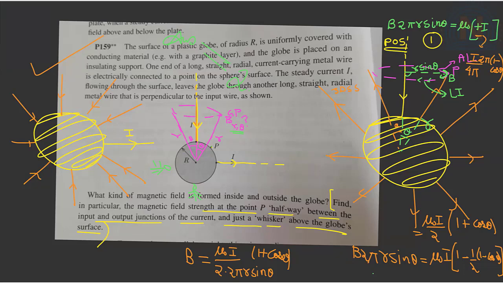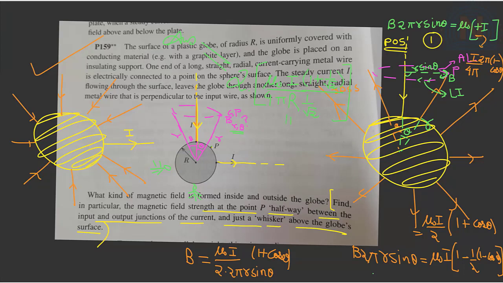Now the effect of one, so let me write: by 4 pi capital R sine 45, 1 by root 2, and the numerator is 1 plus cos theta. So 1 plus 1 upon root 2 will come again in the result.